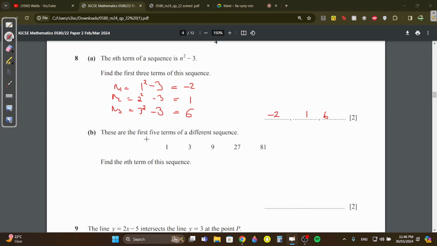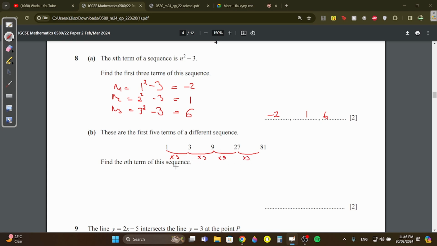For part B, these are the first 5 terms of a different sequence. Find the nth term of this sequence. From 1 to 3, you could say plus 2, but obviously from 3 to 9, it's not plus 2. If you take a look at it, between each of these terms, you're always multiplying by 3. 1 times 3 is 3, 3 times 3 is 9, 9 times 3 is 27, and 27 times 3 is 81.